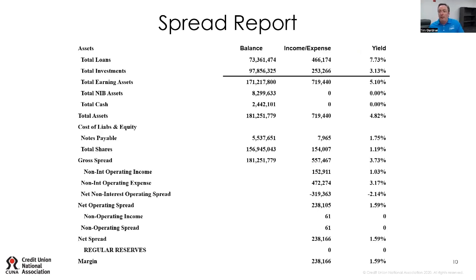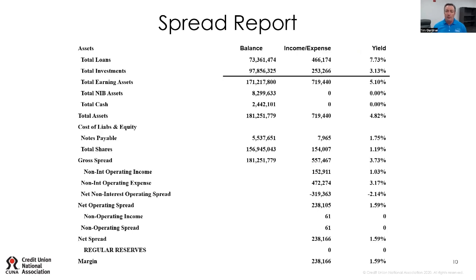The answer: the investment portfolio, right? So even though I can make more money on loans, for some reason inside the credit union, we're buying investments. So why is that? But then also, what type of investments are we buying? And then that's going to work its way down to the bottom line, the ROA numbers.